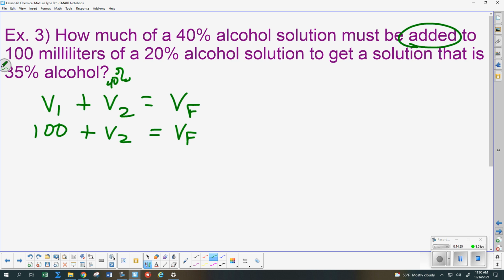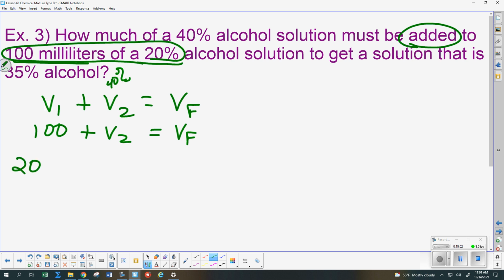And it really doesn't matter the order on V1 and V2. If you wanted to switch those, that's okay because you're adding. Subtracting is another story, but adding the order doesn't matter. So I start off with 100 milliliters. I add something to get a final. Now I need to do my percents, and 40% alcohol, 20% alcohol, 35% alcohol, they're all consistent. So I'm going to use 20%. That was the 100 milliliters of a 20%.